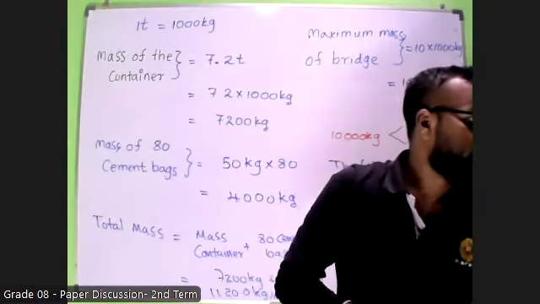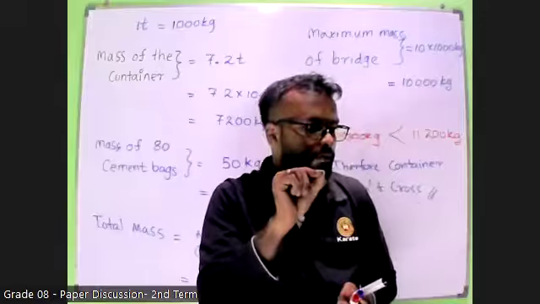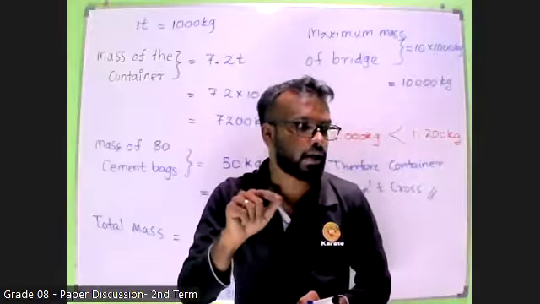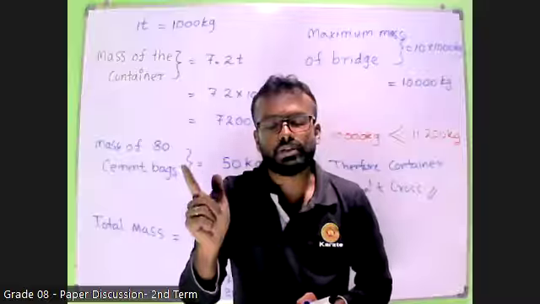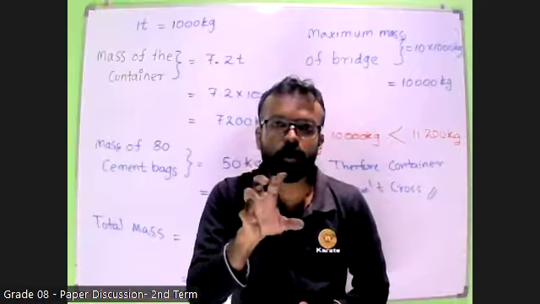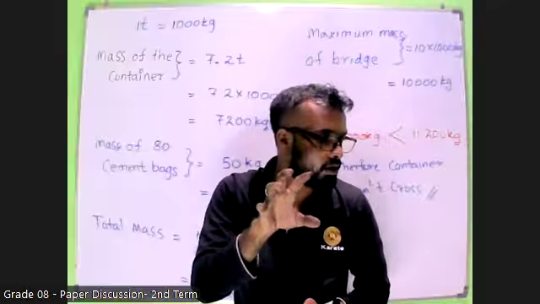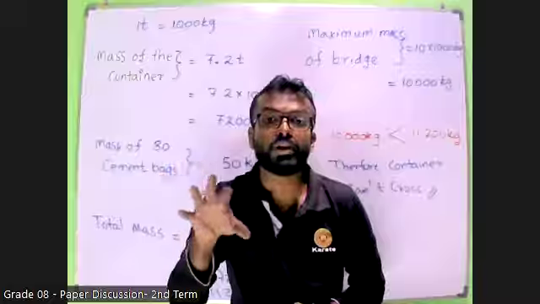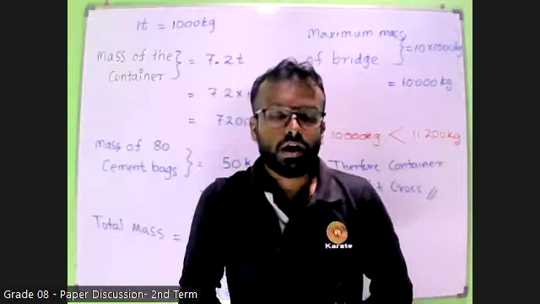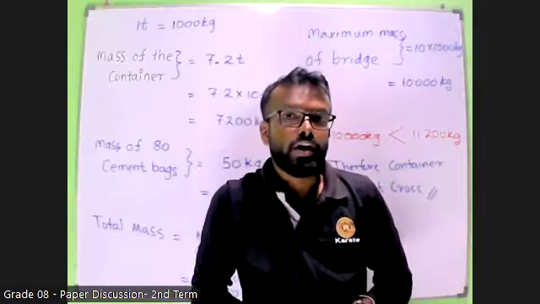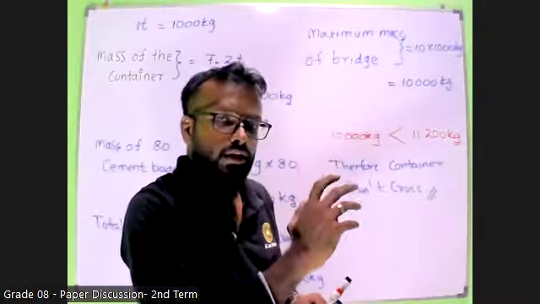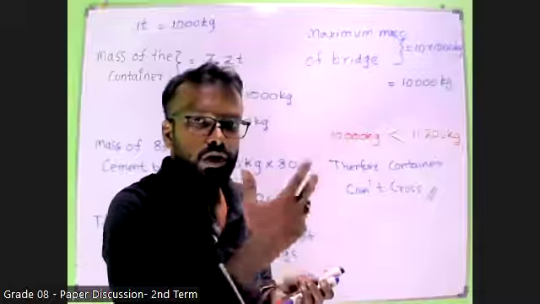Then second one: find the minimum number of cement bags which must be removed from this container to cross the bridge. That means the weight of the container should be equal to, or somewhere around, 10,000.